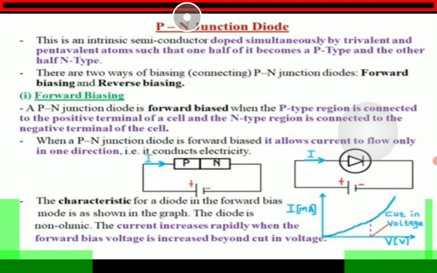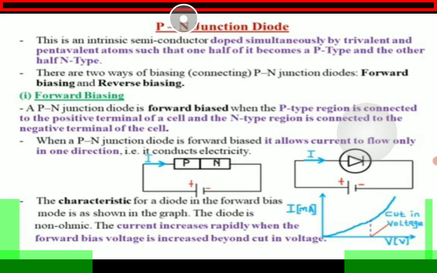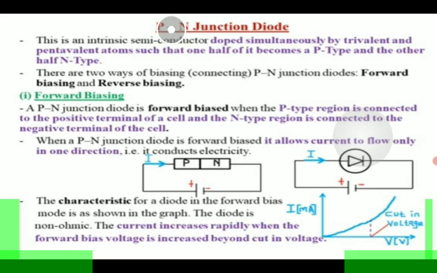The name given to such an intrinsic semiconductor is PN junction diode, or just a diode. But you have to be specific about which diode we are talking about, because you also have Zener diodes, whose action may be different from the one we are talking about here.